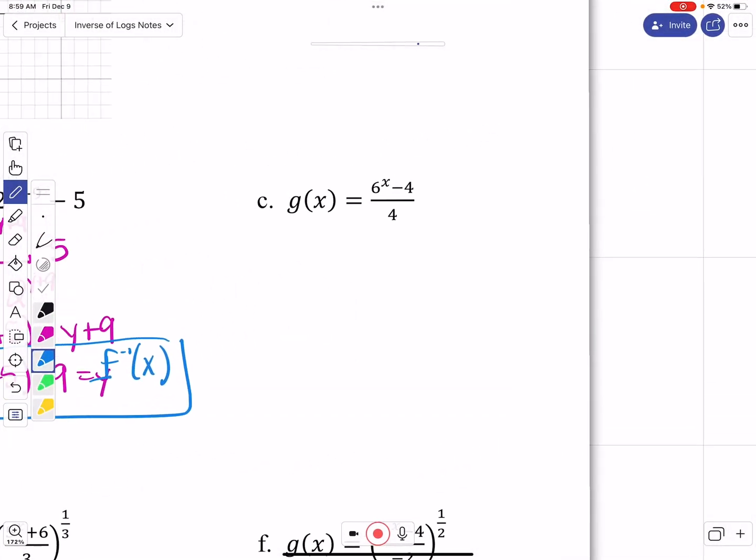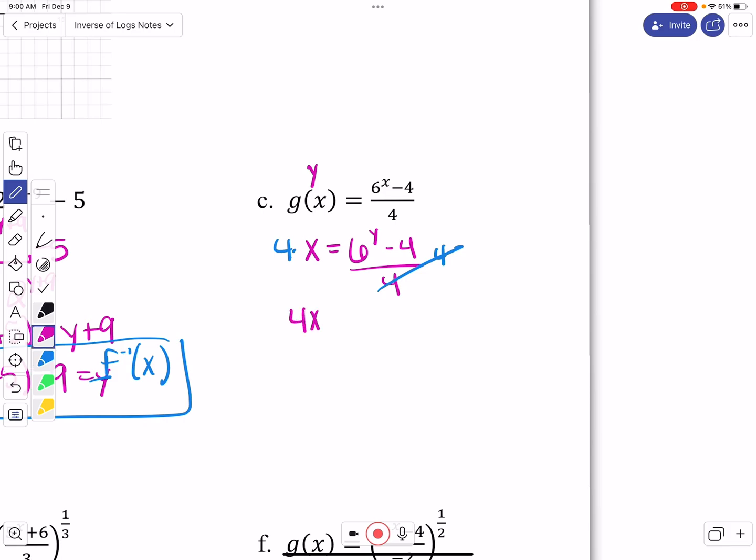All right, so on this one, again, it's got a g of x, but remember, that's the same thing as y. So if I switch x and y, I'm working to get y by itself, so I want to multiply by the 4.